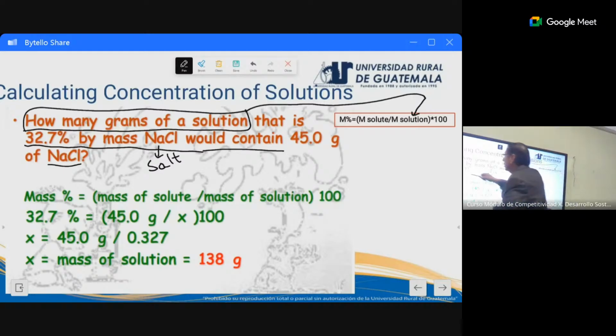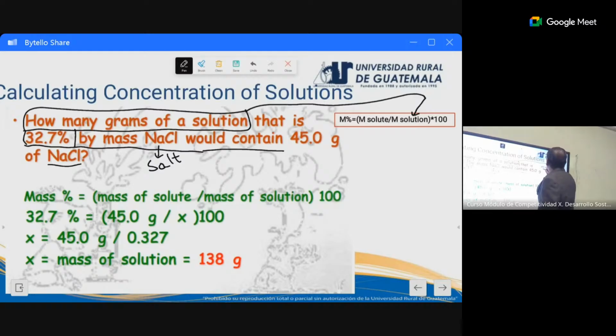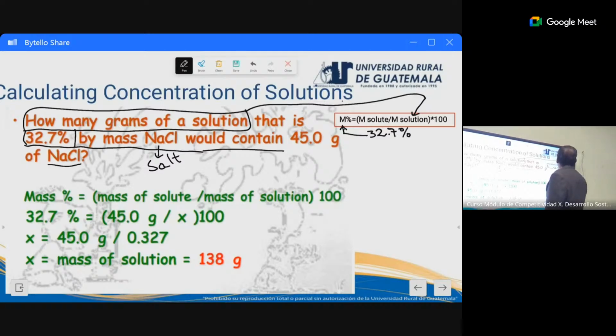So 32.7%. This one here is in our formula. Let's say 32.7% in our formula.